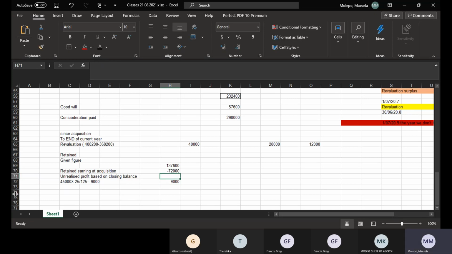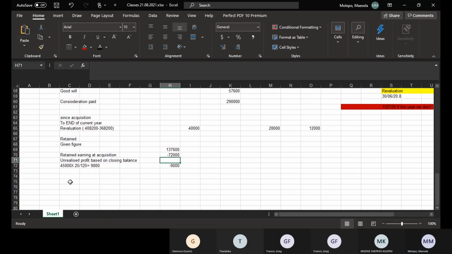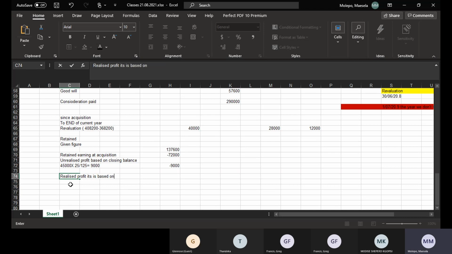And then now we're going to have the realized profit. The realized profit is based on the opening inventory of A Limited, which means this inventory is now sold to the public.